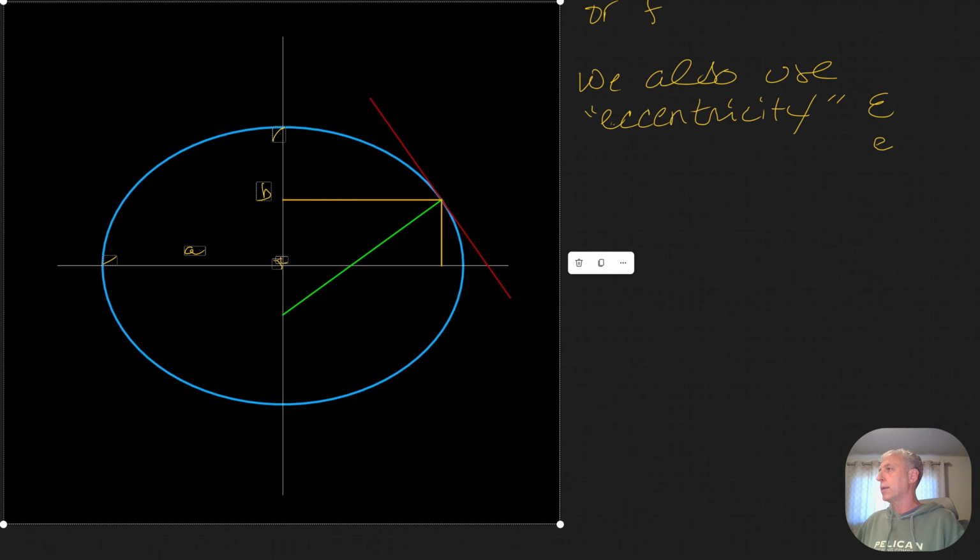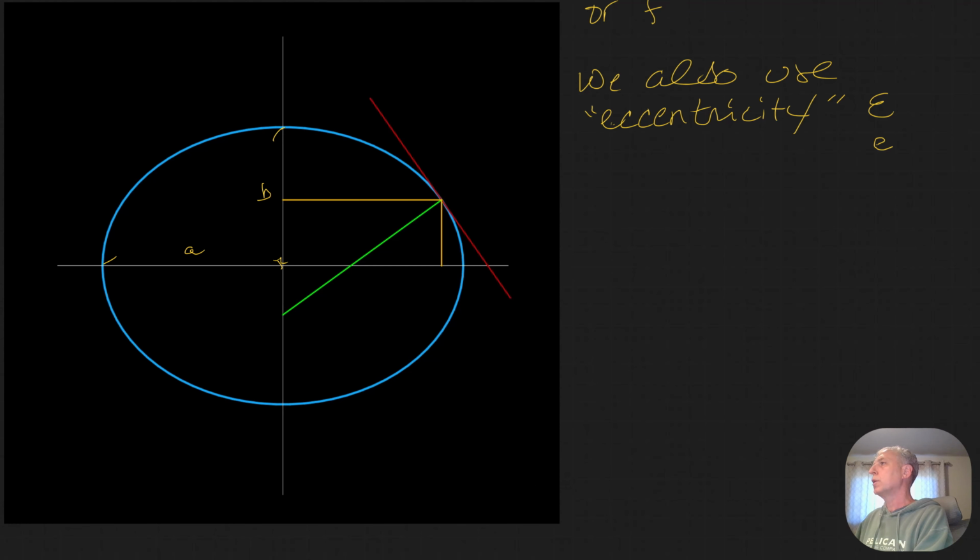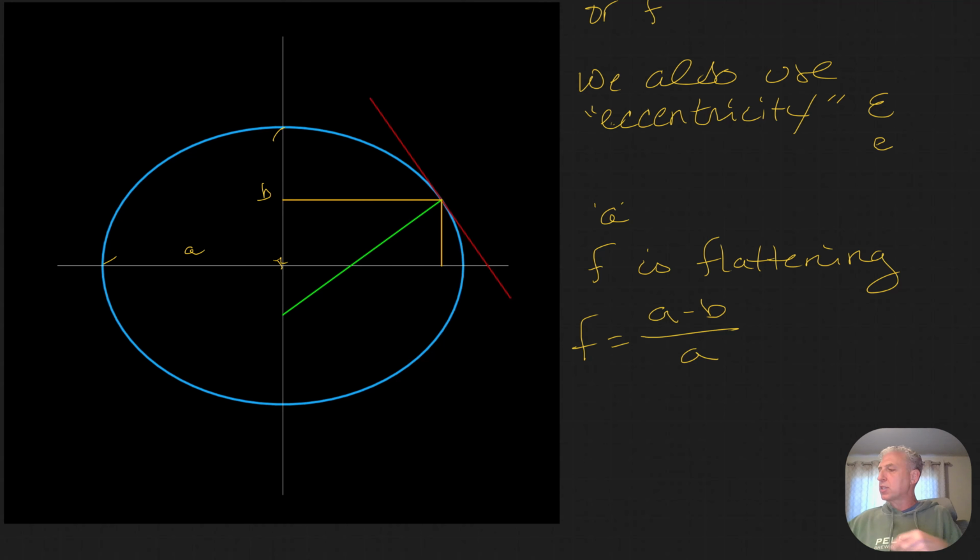We know what A is; we've gone over A. F is flattening, which is given by F equals A minus B over A. In using this flattening parameter rather than B, you can see that B is built into it.